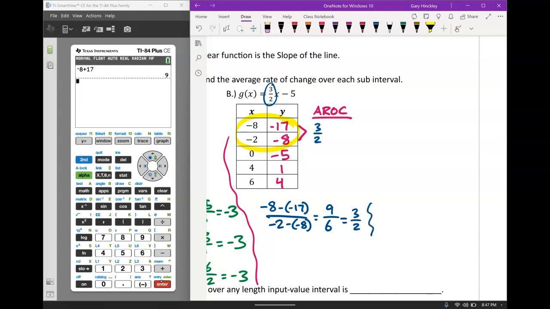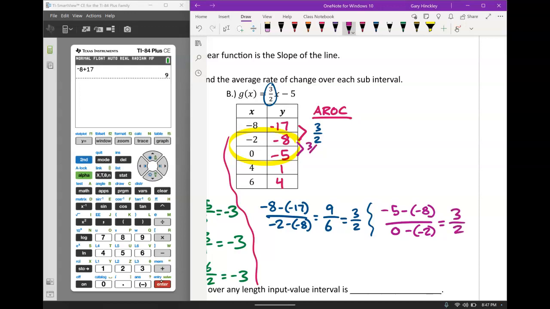So let's do the next one. These two subintervals. That would be negative 5 minus negative 8 over 0 minus negative 2. That should give me positive 3 over 2.